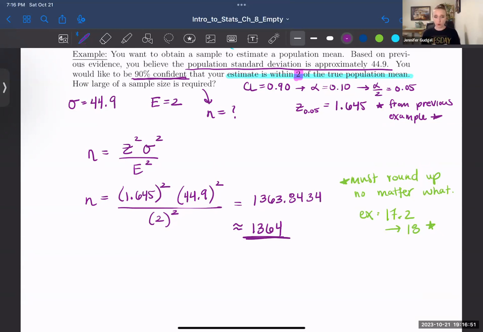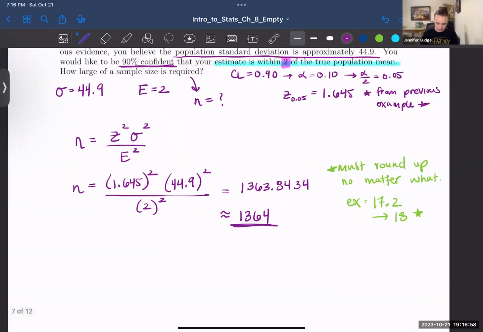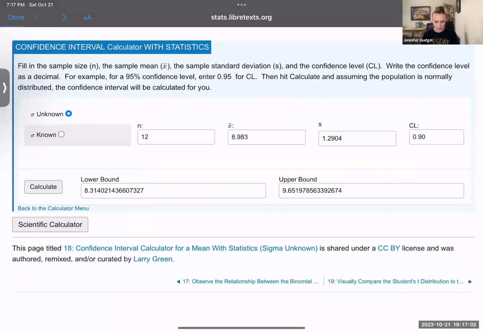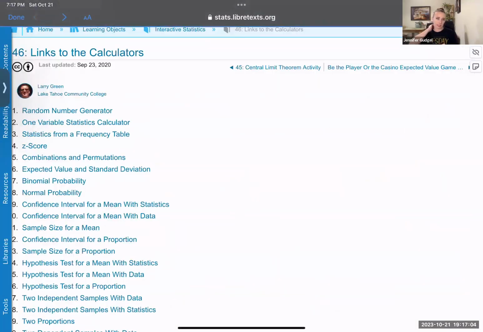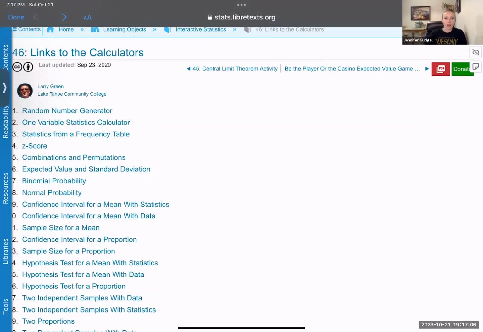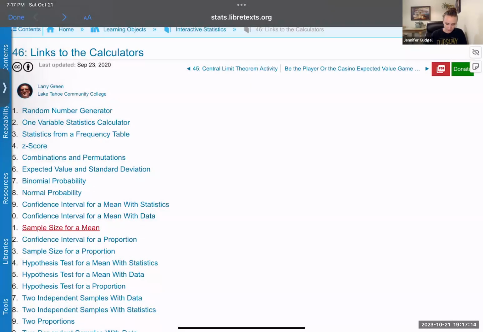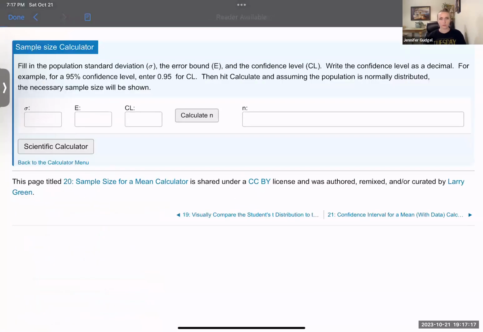This should be one of your formulas on your little formula card. Let's go to that online calculator and see if we can figure out which one it is. If I go to my list, my LibreText statistics calculators, I want the sample size for a mean. That's number 11, sample size for a mean. Click on it.